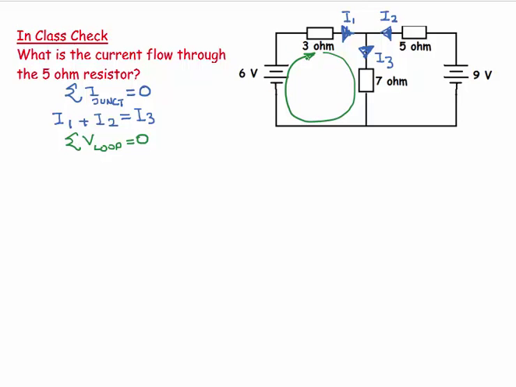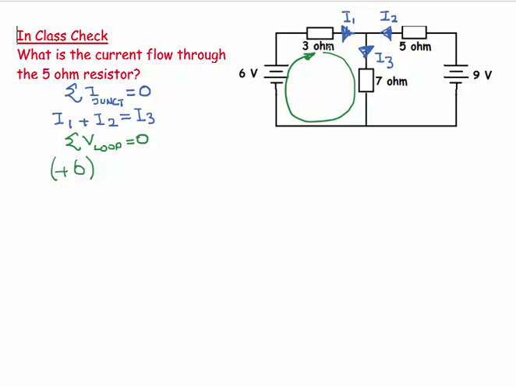And again, how do we decide what direction to draw the loop in? It's completely arbitrary. As long as having drawn it, we write the correct equation associated with that drawing, everything will be fine. So I look at this and I say I left via the positive electrode, so that's a +6 volts EMF.